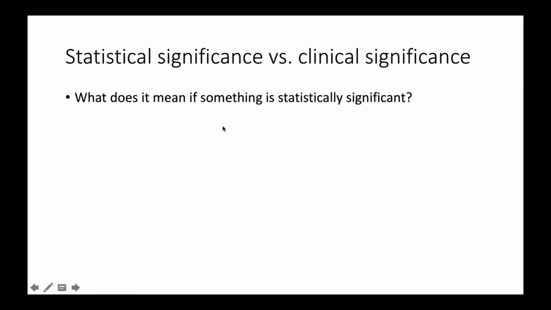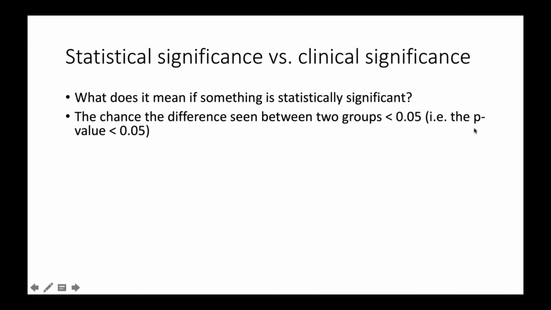I mean, usually if you're doing research, it's that you've done a statistical analysis that says you're confident that. Yeah, but what exactly does that mean? A hard question, right? That's a hard question. I'm going to make it sciencey. So we set it as the chance that the difference seen between the two groups is less than 0.05.